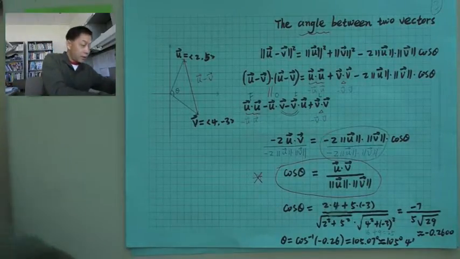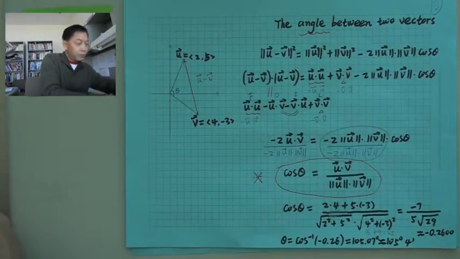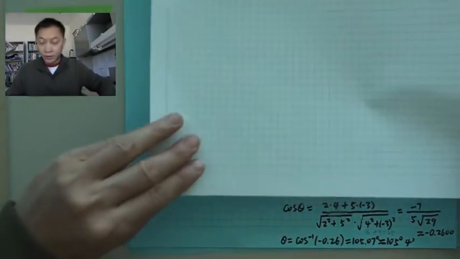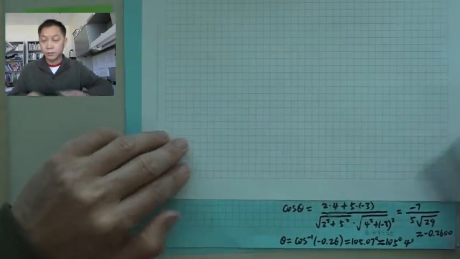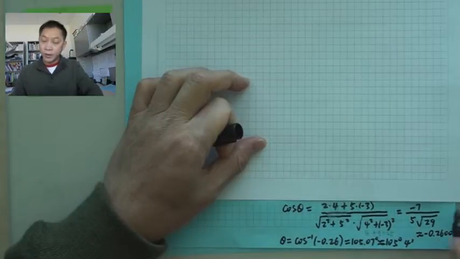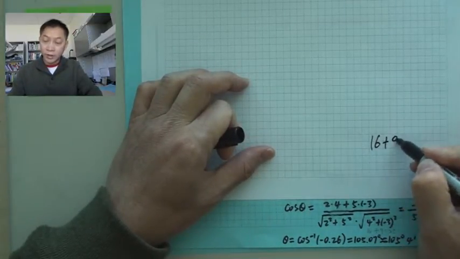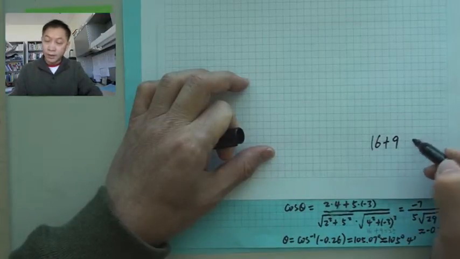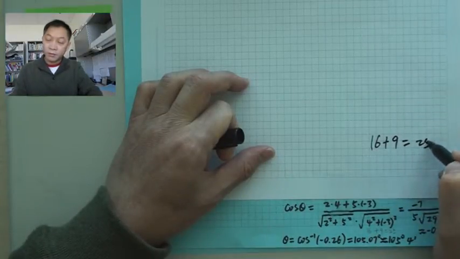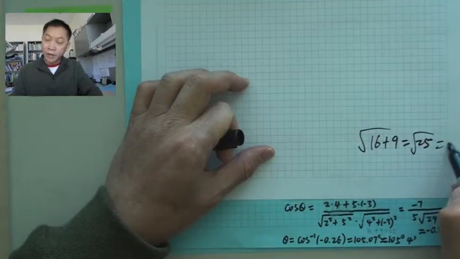Okay. Let me find a piece of paper. You see down here, 4 squared plus 3 squared is 16 plus 9. Okay, that's 25. You take the square root. Yeah, 5.